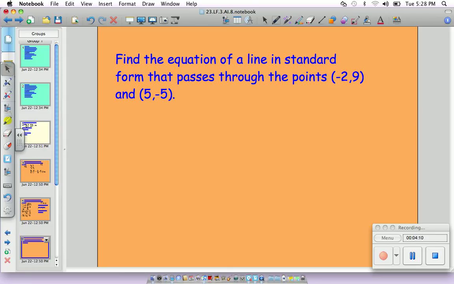Find the equation in standard form that passes through these points. And we're going to first label x sub 1, y sub 1, x sub 2, y sub 2. And then we're going to put it in the slope formula. The slope formula says y sub 2 minus y sub 1 over x sub 2 minus x sub 1.